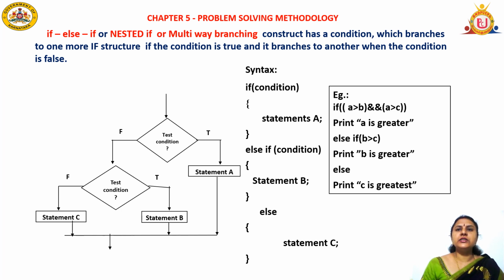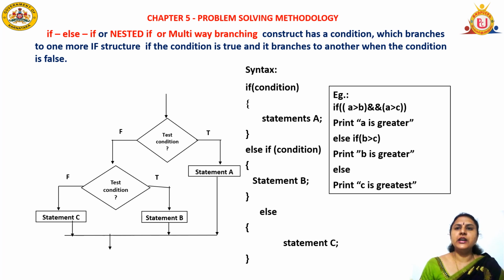Next is an example. I want to find the largest of three numbers. So I will have A, B, C, three numbers. A, the first number, will be compared with B and C. The condition is if A greater than B and A greater than C, so A is greater now, so print A is greater.